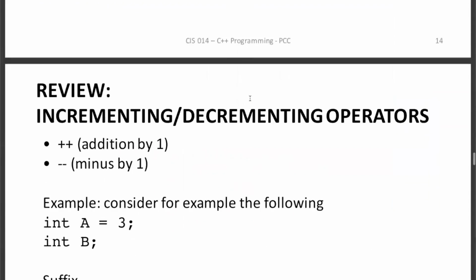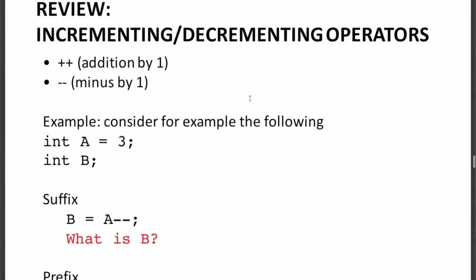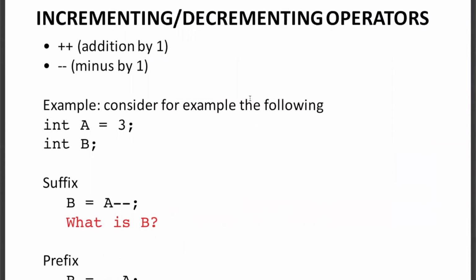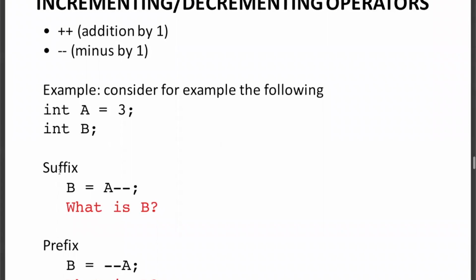Okay, so far so good, and this is all just a review from I think lecture 5 or 6. So plus plus and minus minus, you'll be familiar with that. There is a difference between prefix or postfix increment or decrement operators. The problem is sometimes students don't understand the order.